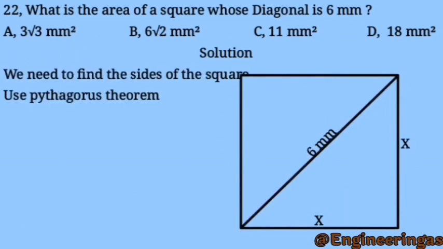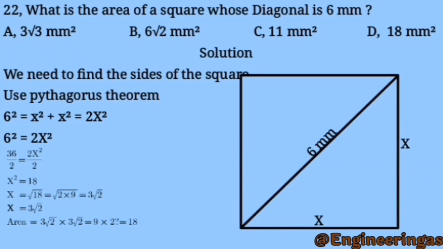Okay, then we need to find the side of the square first. We're just using the Pythagoras theorem. So 6 squared equals to x squared plus x squared. So 36 will be 2x squared. Then 36 over 2 equals to 2x squared over 2. Then x squared is 18. X will be root of 18. It will be 3 root 2. Then x will be 3 root 2.